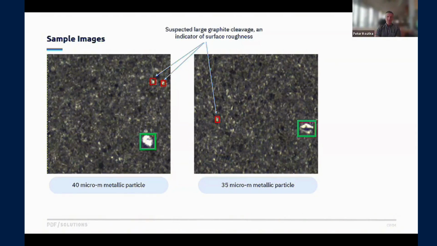It tended to actually detect not just the large metallics, which you can see in these green boxes, but it actually kind of triggered off of graphite cleavage as well, which was this proxy for surface roughness. It was interesting to us immediately when looking at these things that one, we basically didn't see any copper at all.